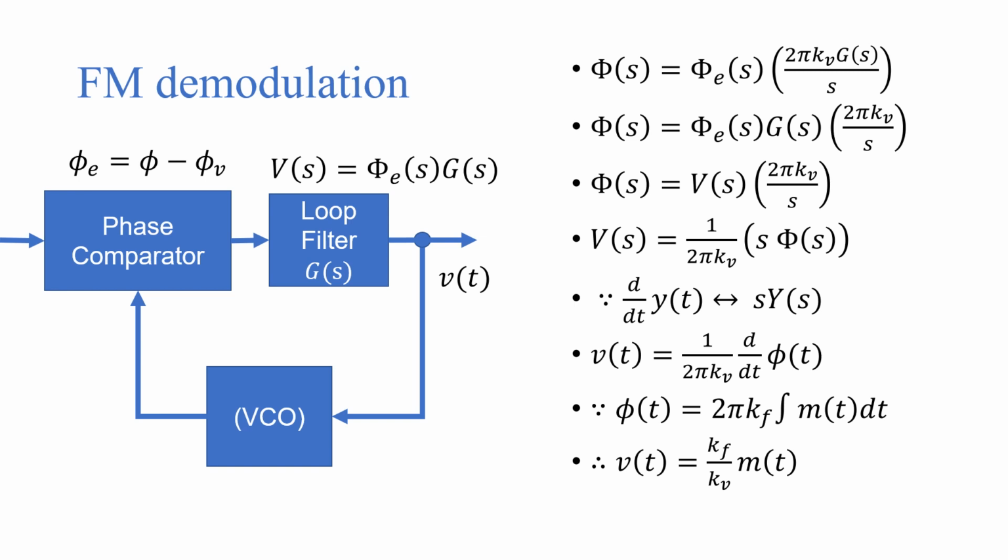Kf and Kv both are constants, therefore v(t) is proportional to m(t), which is our desired demodulated signal.